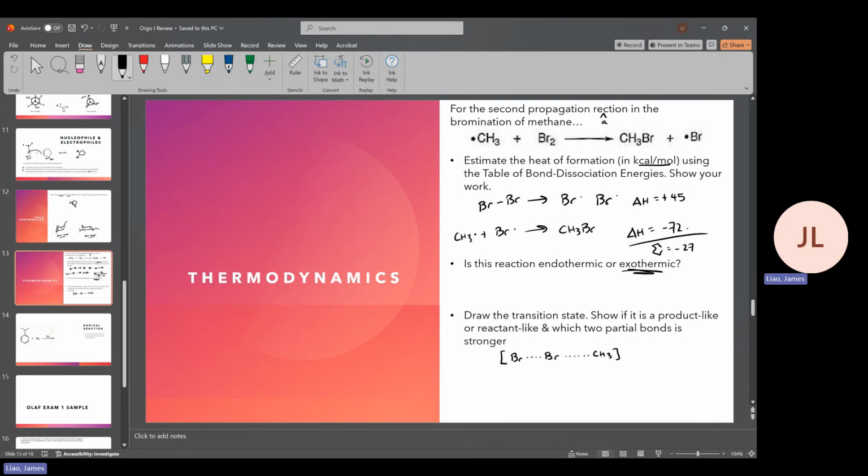So the transition state for this exothermic reaction is going to be reactant-like. Why? Because if we have a net negative overall for the reaction by thermodynamics, in this case exothermic, Hammond's postulate tells us that the transition state is going to look like the reactant side. So then which of the two partial bonds is much stronger? Well, if it's reactant-like, then the bromine-bromine bond before the homolytic cleavage is stronger.